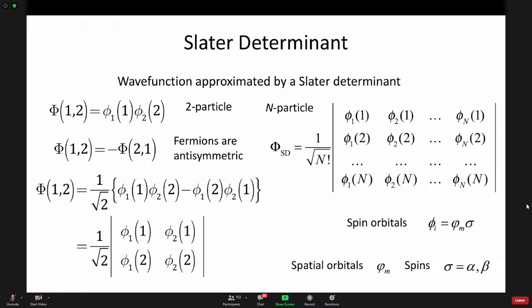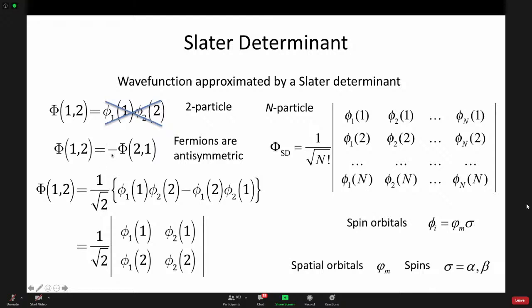And to describe the wave function, it is convenient to use a Slater determinant. So for instance, if we have a two-particle system, as shown on your left-hand side, you can see a product of two orbitals. However, this doesn't work because fermions are antisymmetric, which means if you exchange the first particle and second particle like this, the sign has to flip.